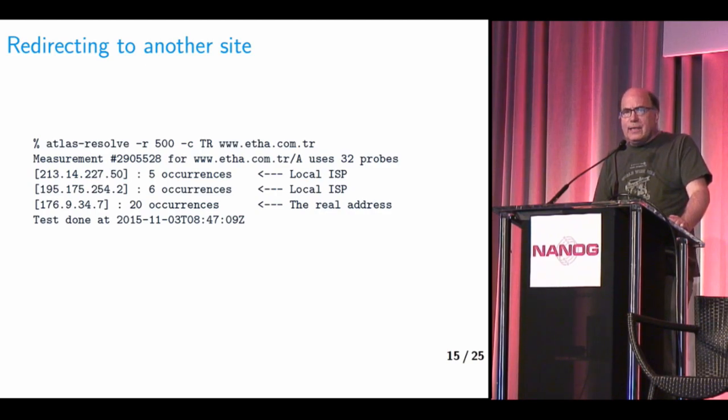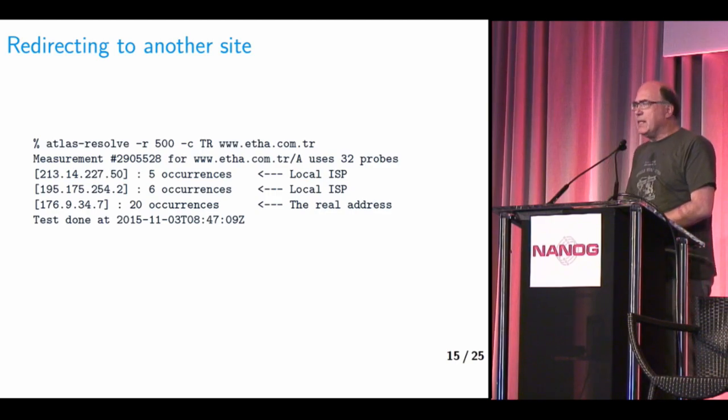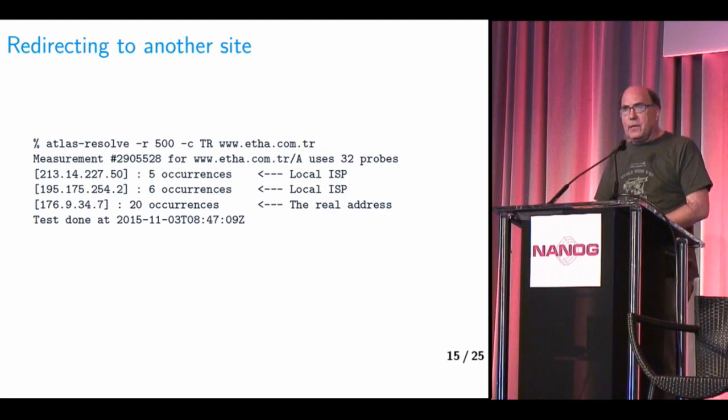The 2 first addresses are addresses of a local ISP with a website with a message: you try to access something illegal. Only the last 20 occurrences, the addresses starting with 176, are real. They are the real addresses because people were using an ISP which didn't implement censorship, or for other reasons, as we will see later.